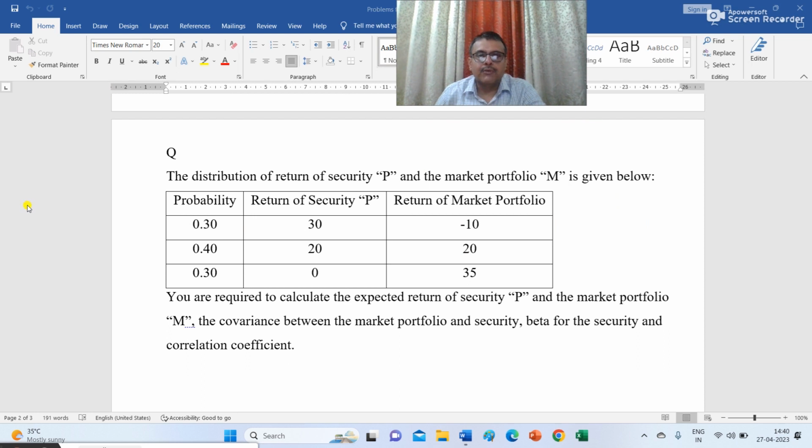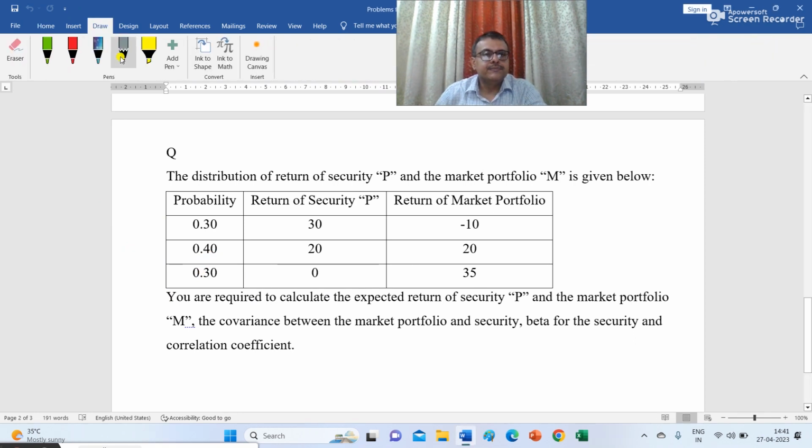The distribution of return of security P and the market portfolio M is given below. So you have three situations here. I can write it here as situation 1, 2, and 3.